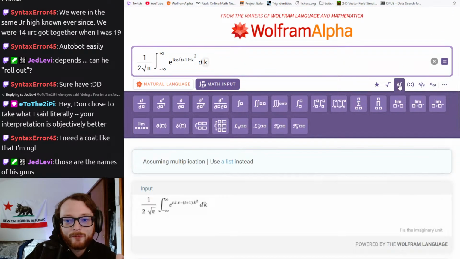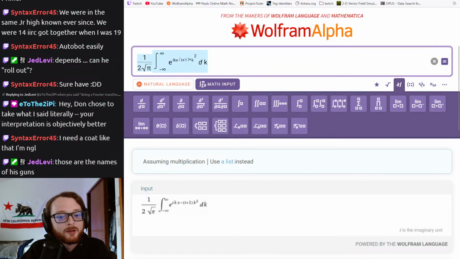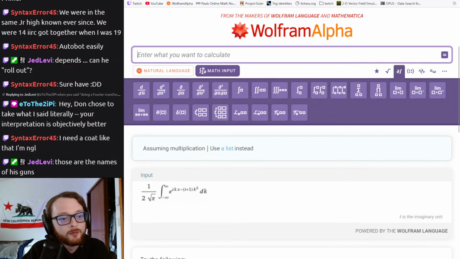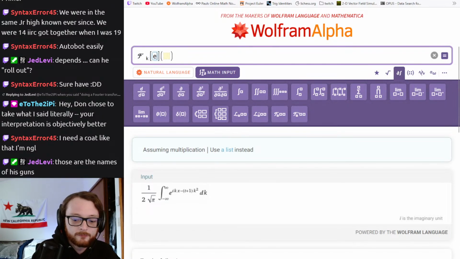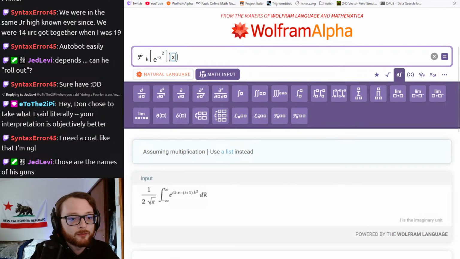I know it can do Fourier transforms directly. I don't know what definition it uses. I guess we can make it do the forward transform and then reverse whatever it gives us. I don't know what goes where. Maybe that's the variable, maybe this is the function, and maybe that's the variable of the function.